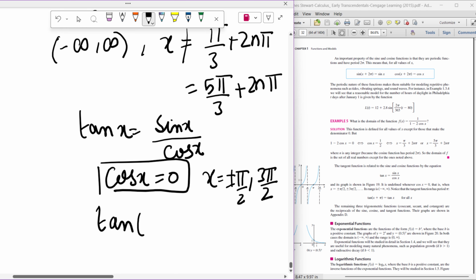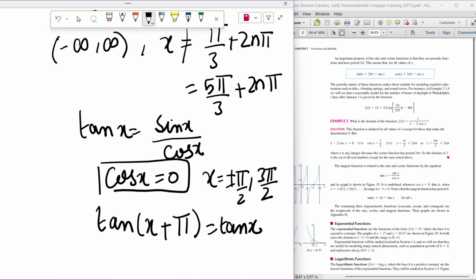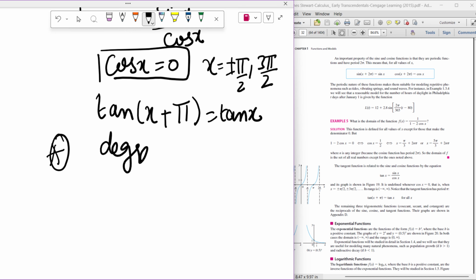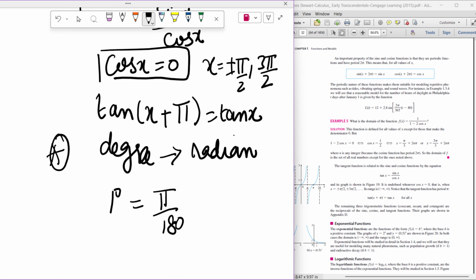Also, the period of the tangent function is pi. That is, you can also write tangent of x plus pi equal to tangent x for all values of x. This is just a basic concept for students. If we want to convert degrees into radians, simply 1 degree is equal to pi by 180.